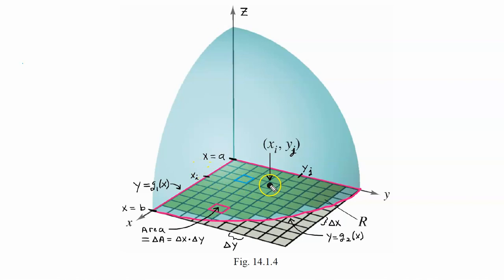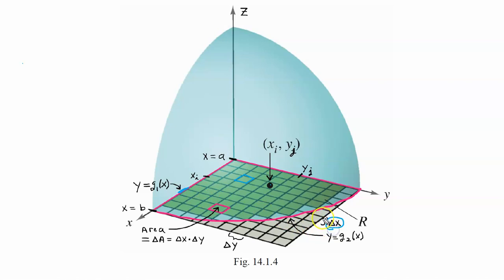Now you notice that this point right here is located at position x sub i comma y sub j. Okay, so take note of that. Also notice that the width of the intervals along the x-axis, these subintervals, these have width delta x, so that's labeled right here.